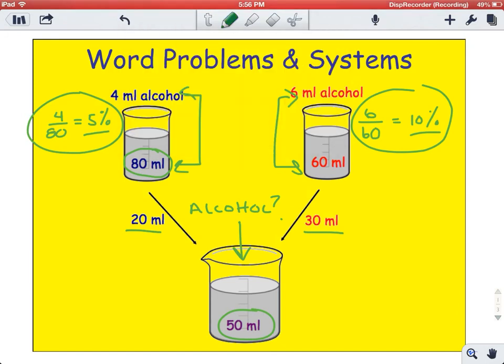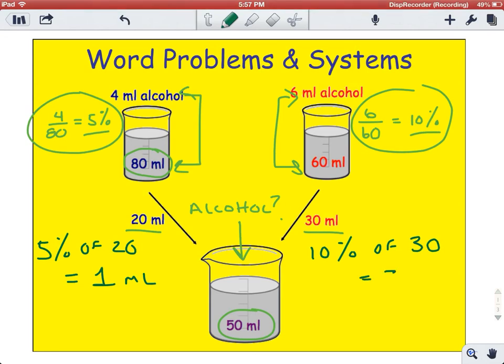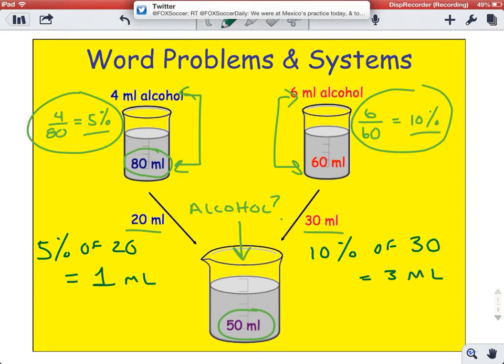So we'll take 5% of 20, which is 1 milliliter. 10% of 20 would be 2, so 5% of 20 is 1. And then we'll take 10% of 30 milliliters, and that's going to be equal to 3 milliliters, correct?